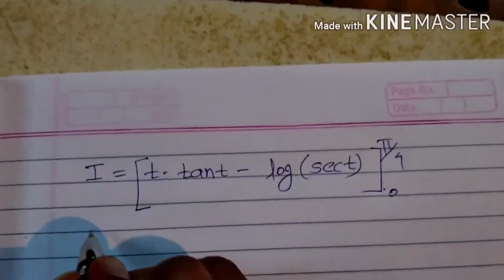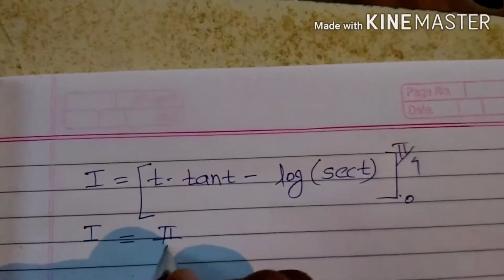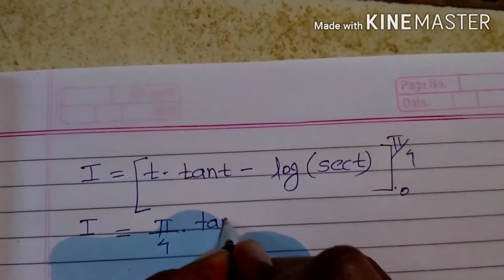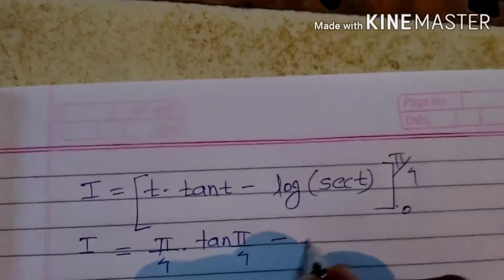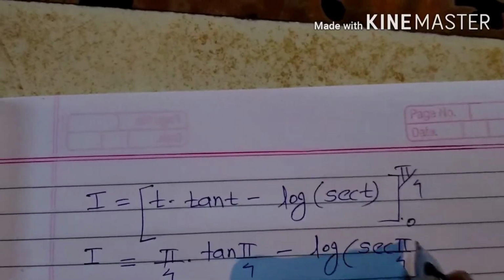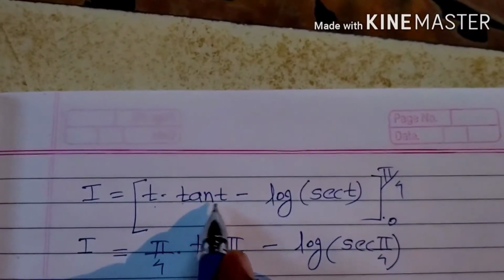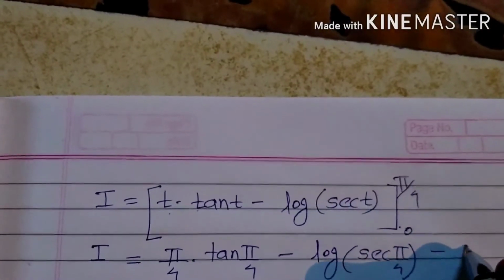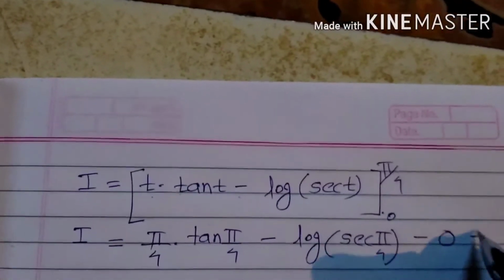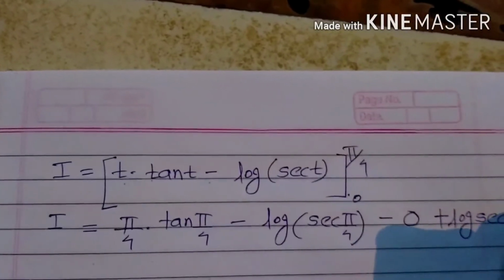Okay. So I is equal to, now put the limits, pi by 4 into tan pi by 4 minus log of sec pi by 4, and here 0 into tan 0. So it is minus 0, and this is minus minus plus log of sec 0.